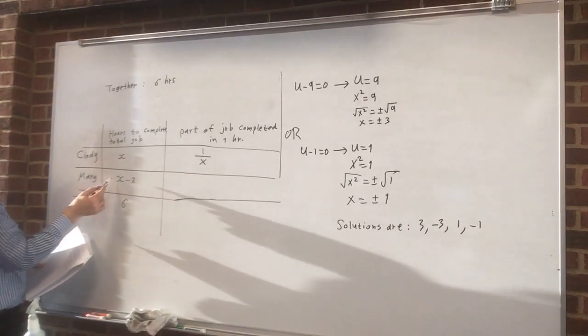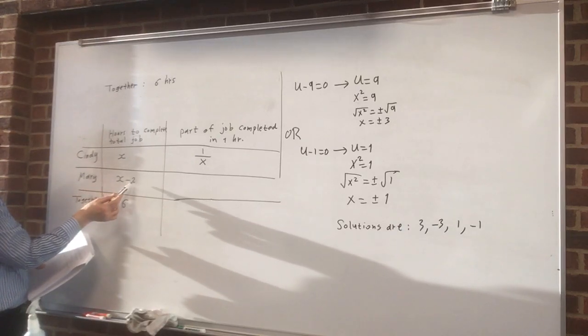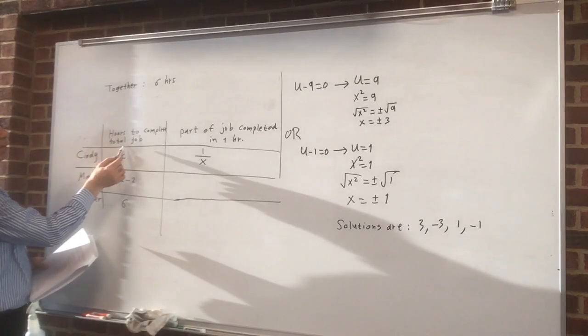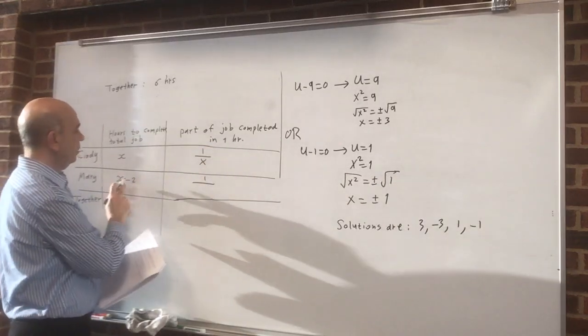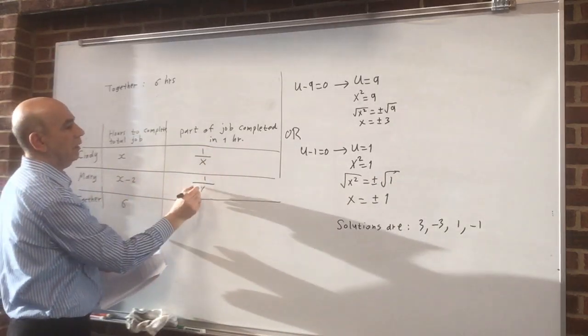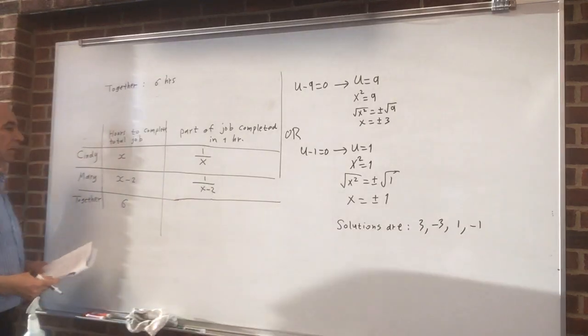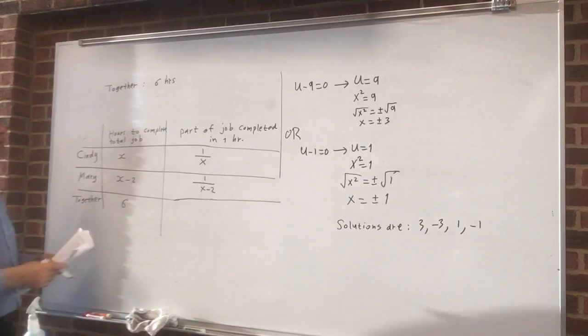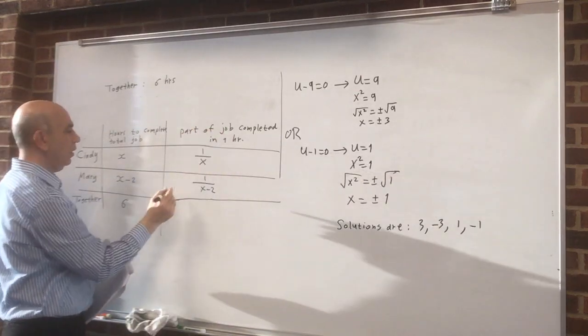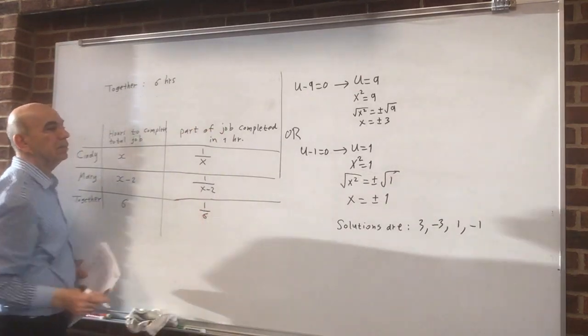So if Mary needs x minus 2 hours to complete the total job, the part of the job completed in 1 hour is 1 over x minus 2. Together, they need 6 hours, so the part of the job completed in 1 hour is 1 over 6.